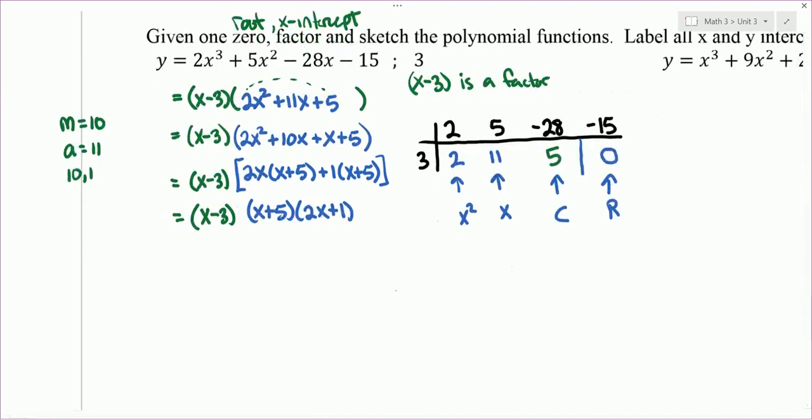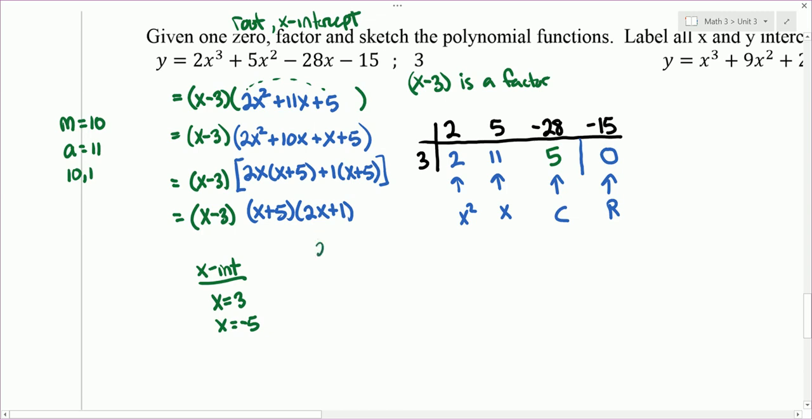The factors will give you your x-intercepts. The first factor, x minus 3, gives us x equals 3, because if you plug in 3 for x, you get 0. The second x-intercept is going to be negative 5. But the third one may not be so obvious to you.